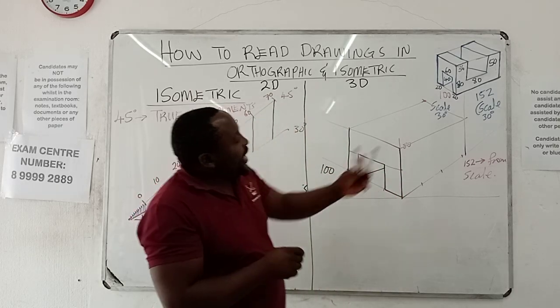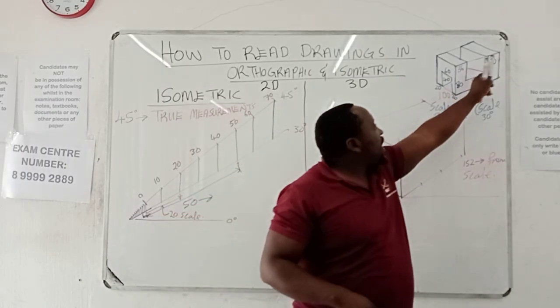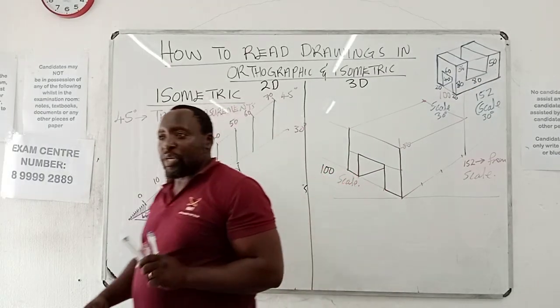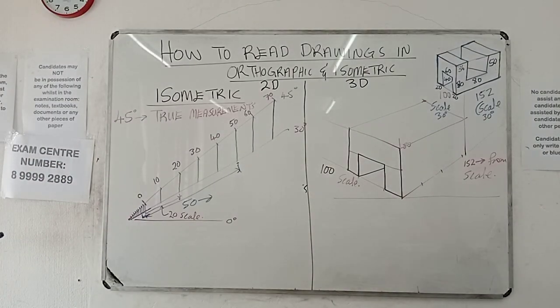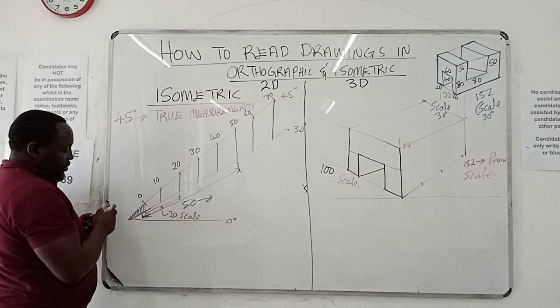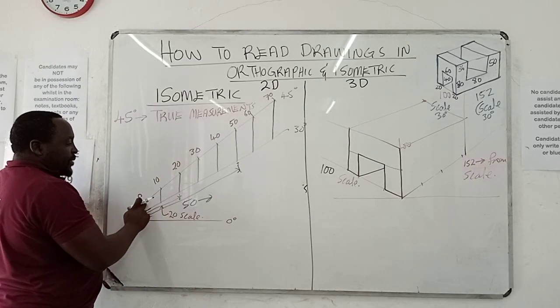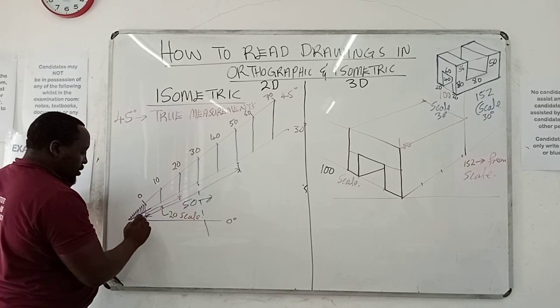Okay? Then I need to measure 36. 36 here and 36 there, so that I can remain with 80 in between. Okay? I'll come to my scale. From there to there is my 30.